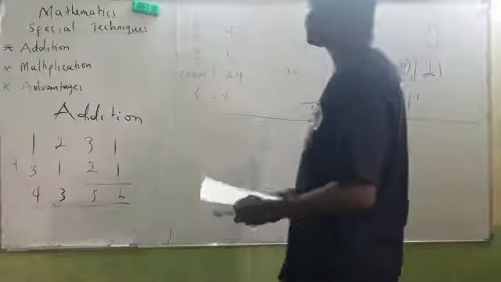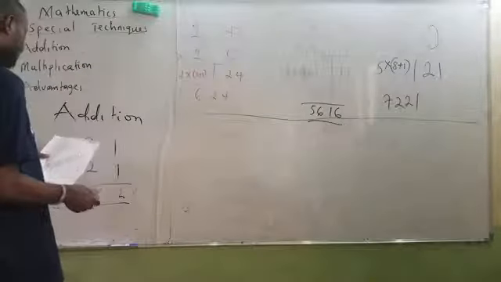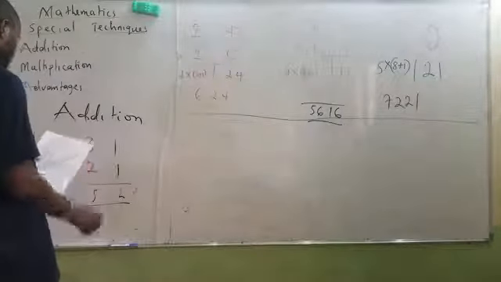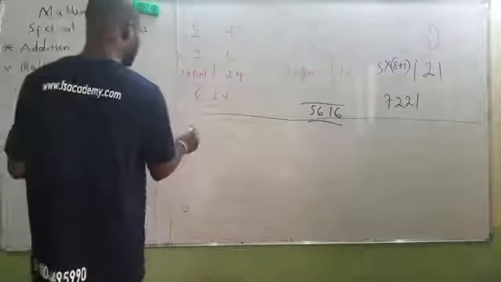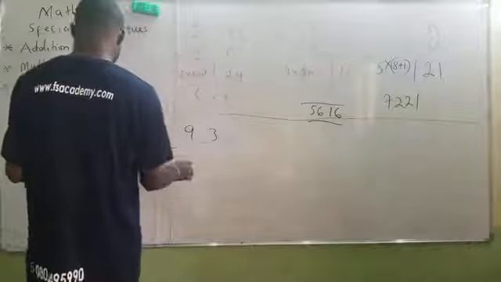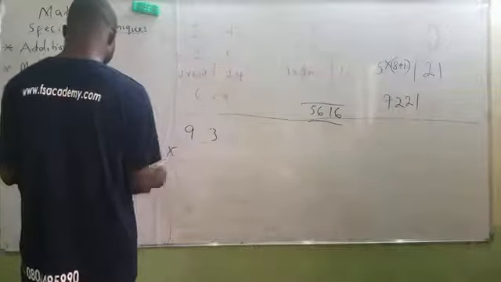Now, let's assume the number is very close to 100. For instance, I want to multiply numbers like 93 multiplied by 97.